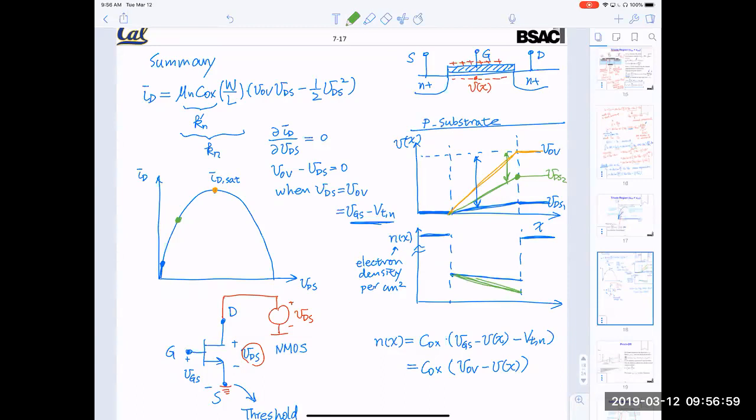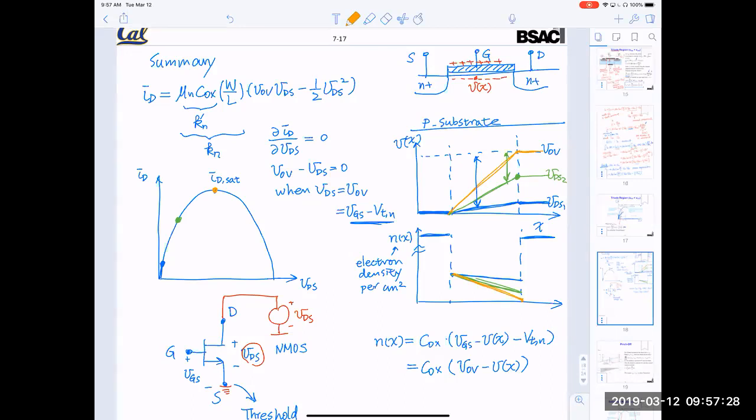That's our channel electron density distribution. Now let's go to this orange line here. The orange line at the drain is a singular point where the voltage difference is now exactly 0. So if we use this capacitance, it means it goes to 0 here.